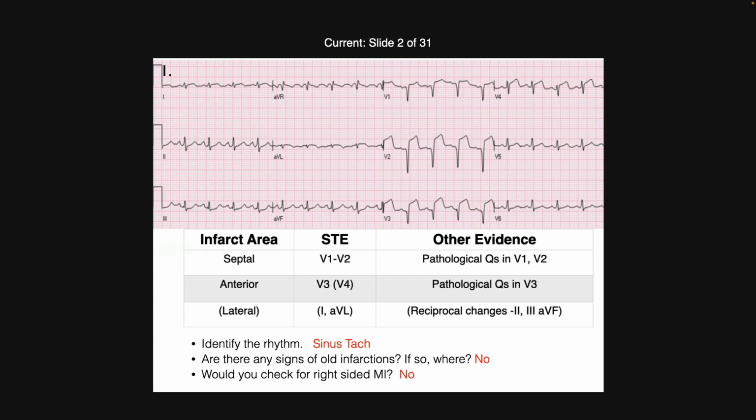So first of all, I agree with absolutely everything that Ann was saying, except for the sinus tach, but that doesn't matter so much. I also think you can make an argument for a lateral, and if you look and you say, wait a minute, I don't see one box of ST depression. Here's the deal.